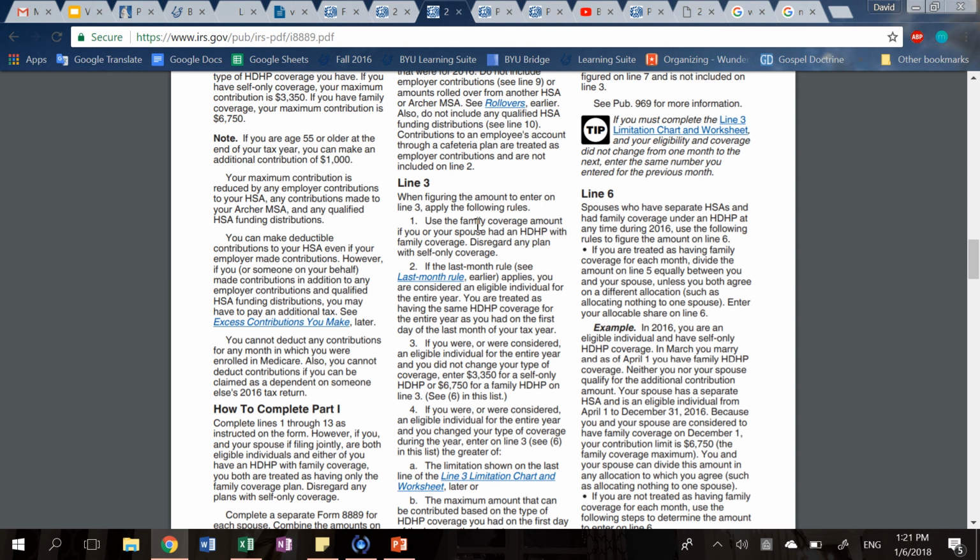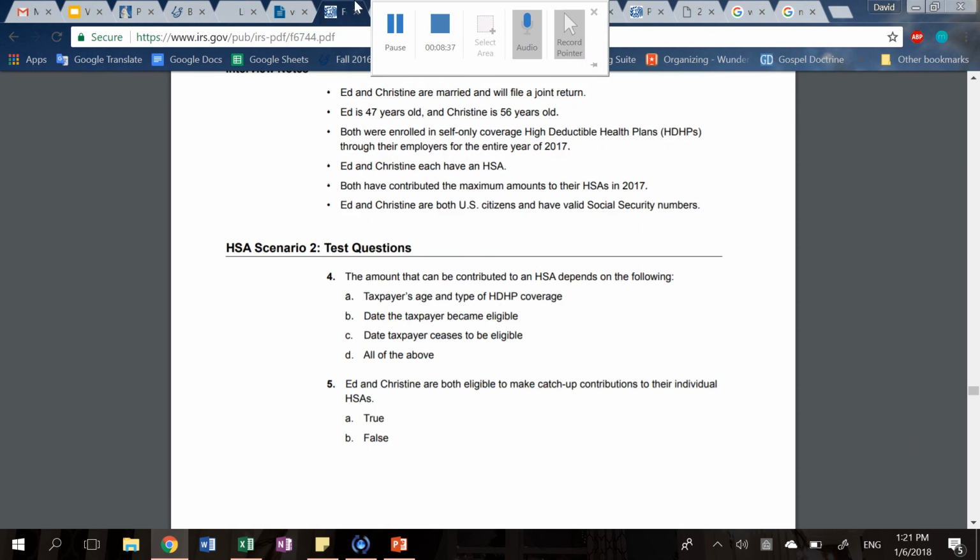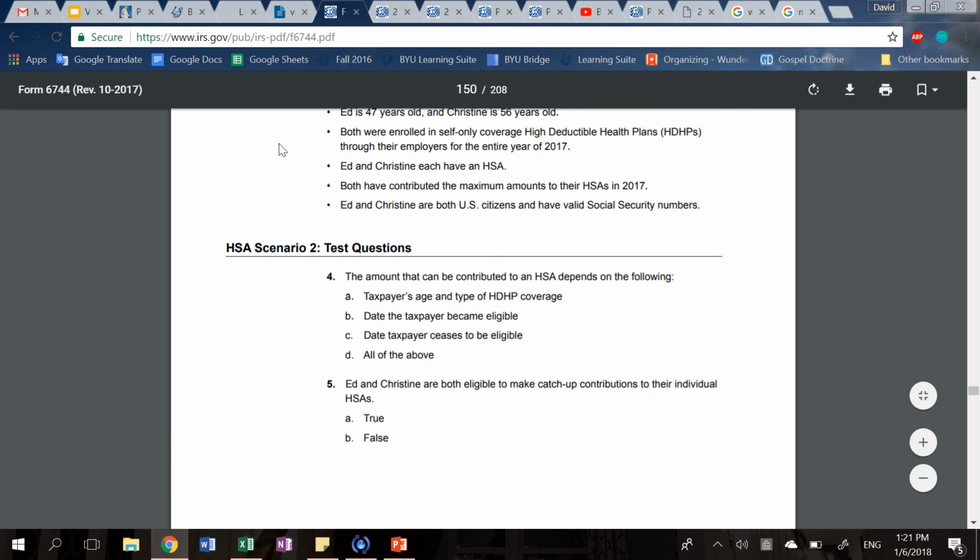So your HSA contributions only through November, or whenever you cease to be eligible, are going to be tax deductible. Hope that wasn't too confusing. You can always email us if you have additional questions, but basically all of these are a factor in the HSA contribution amount.